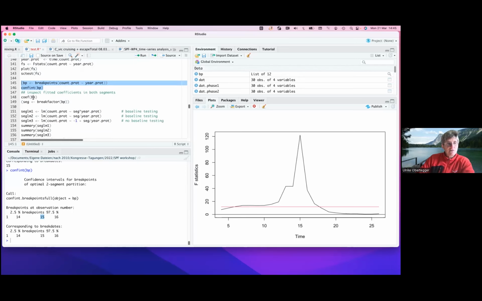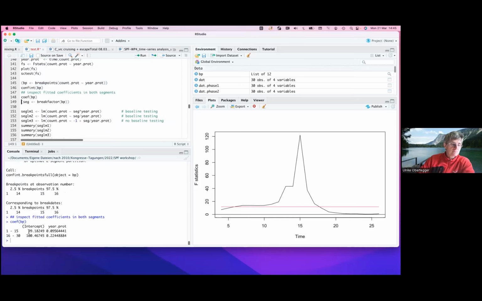Now comes a nice thing, because with coef from breakpoints, you already get the intercept and the slope for the two relationships. And I hope you can recognize the 0.22 that we already had from our three-way interaction model. But here, this is a little bit different. The stupid thing here is that we do not get any p-value, any stars for the single parameter estimates.